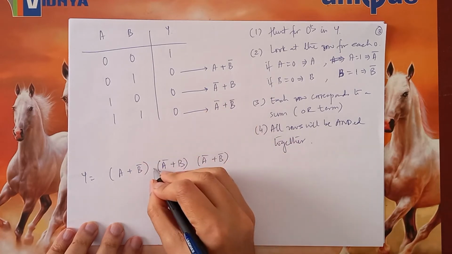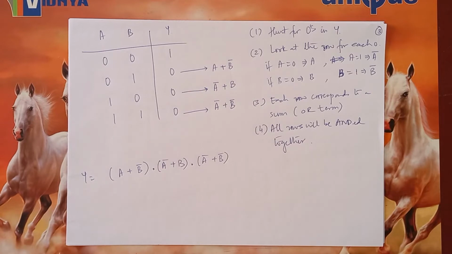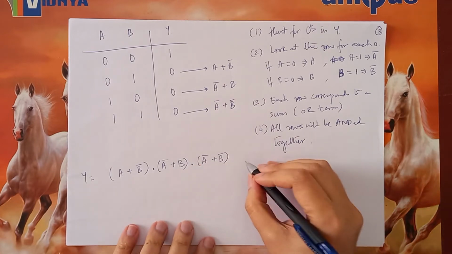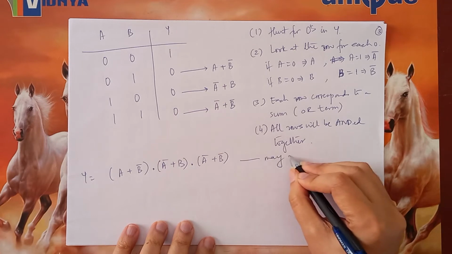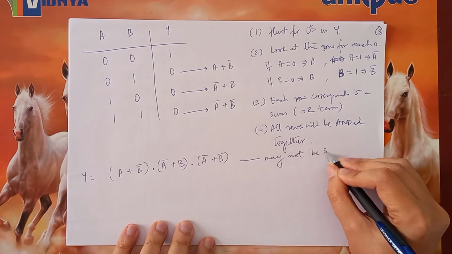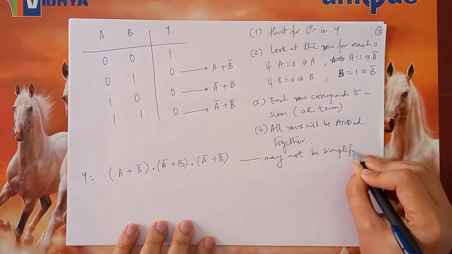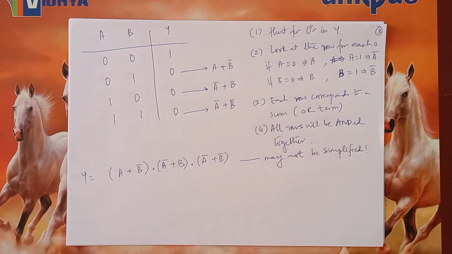So they will all be related together using a dot. So this is what it looks like. Again, this may not be simplified.